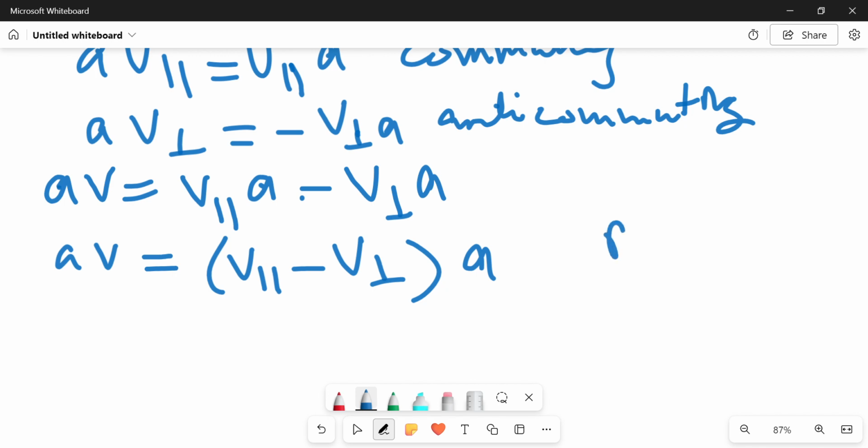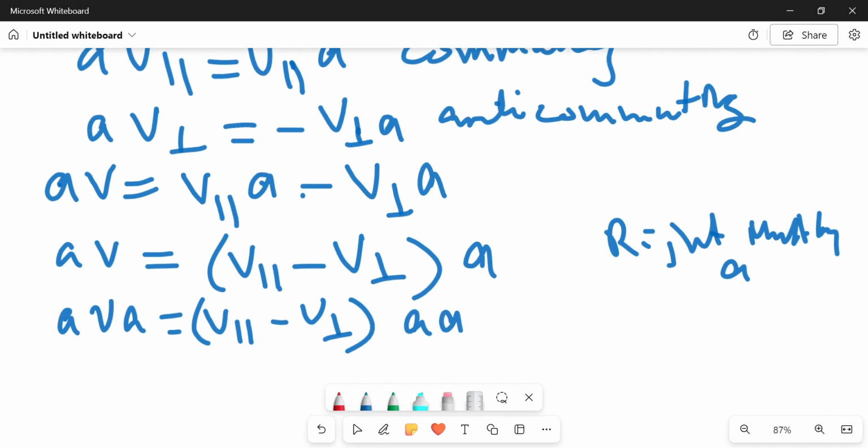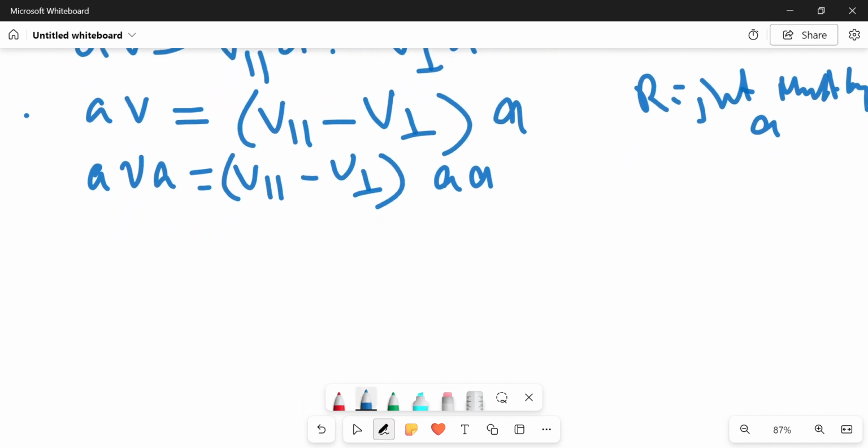Now let us multiply on the right, right multiply by A. So we have A V A equals V parallel minus V perpendicular times A times A.